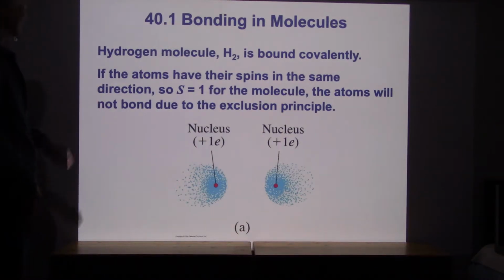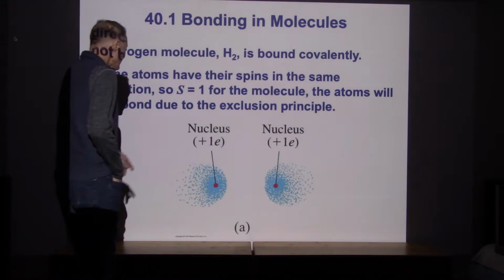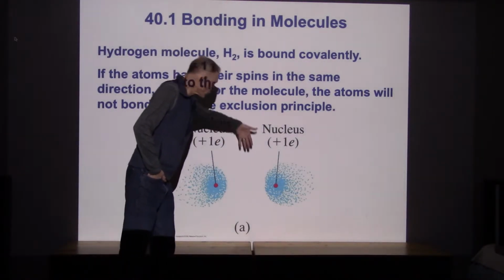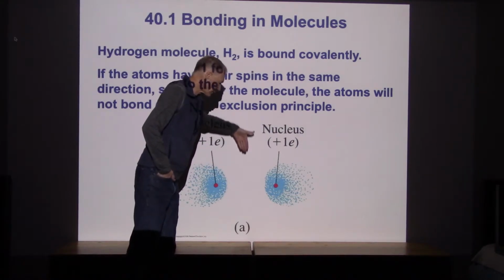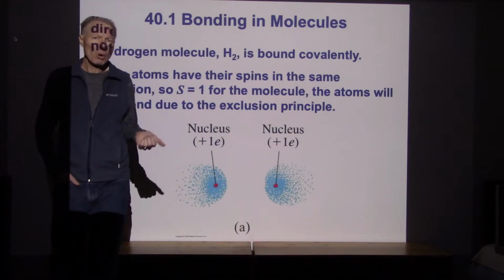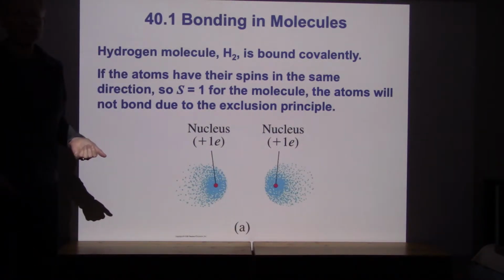Now the pattern we have right here is actually a situation where the electrons have fallen into a quantum state where there's a node down the middle. There's a decrease in probability, and that won't hold the two nuclei together.